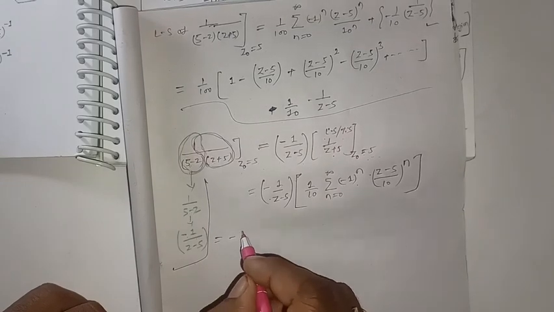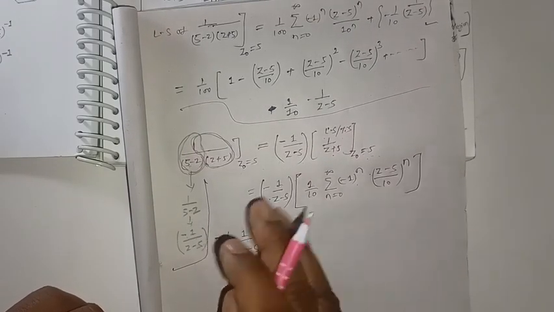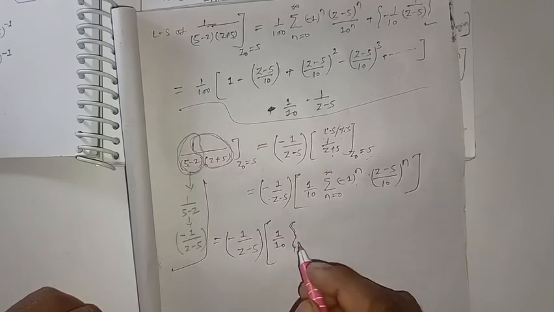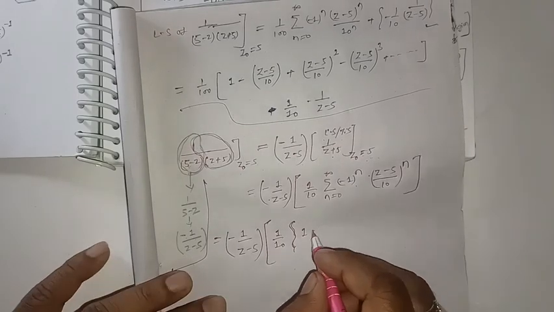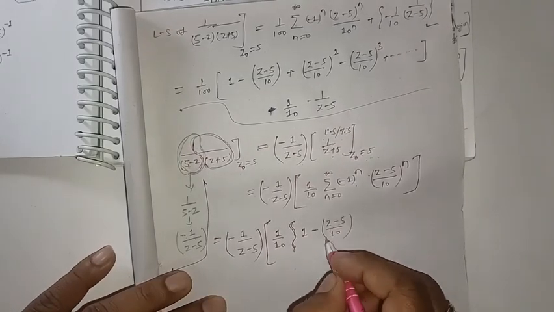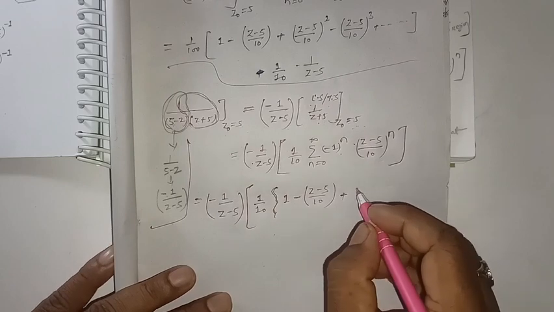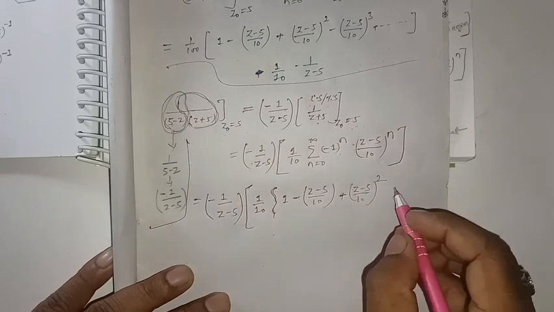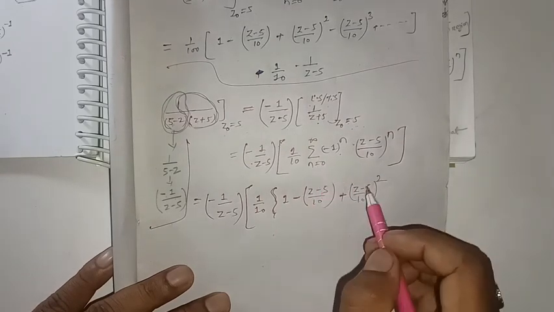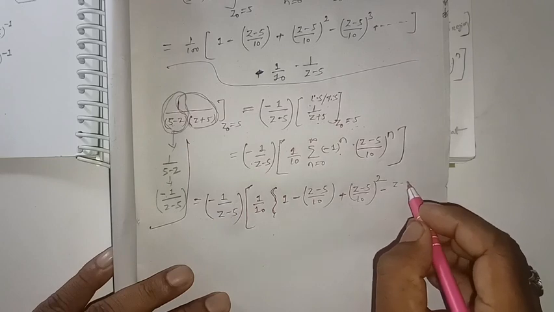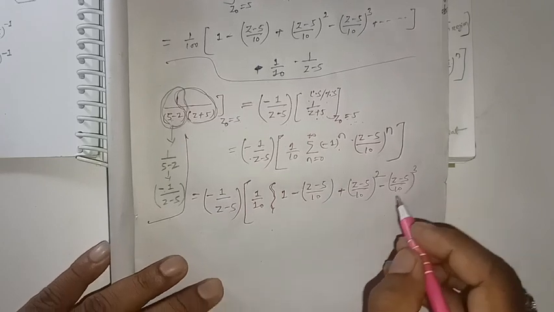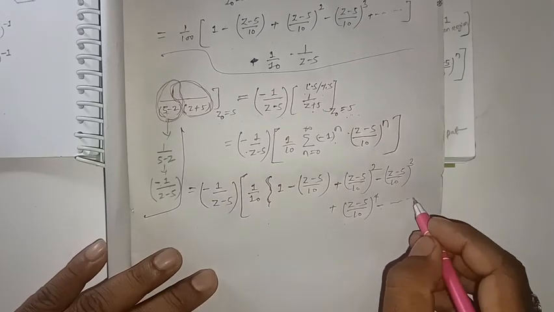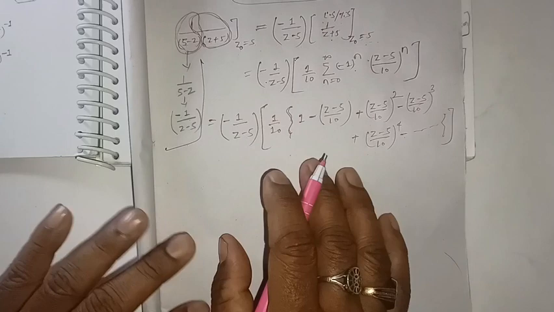You just check. Minus 1 by z minus 5, keep it. This will be 1 by 10 is there. Then you just expand this series. This will be 1 minus z minus 5 by 10, then plus z minus 5 by 10 to the power 2, because n equal to 2, 0, 1, 2. Then minus z minus 5 by 10 to the power 3, then plus z minus 5 by 10 to the power 4, then minus, and so on. Okay.